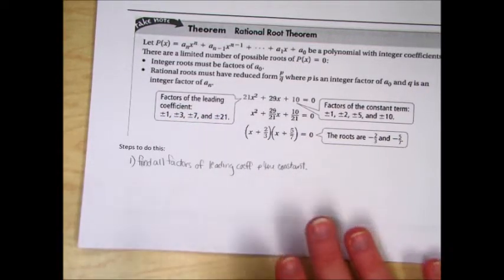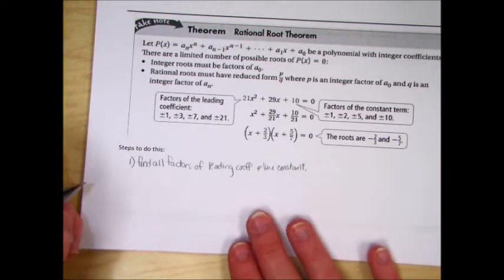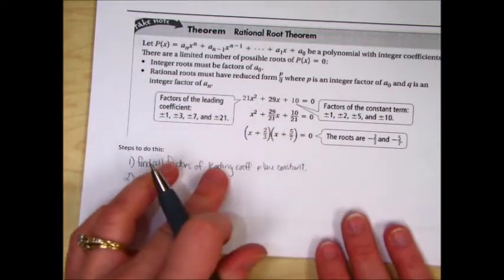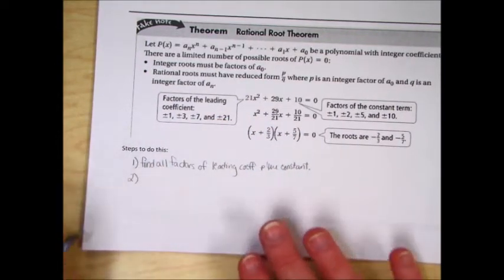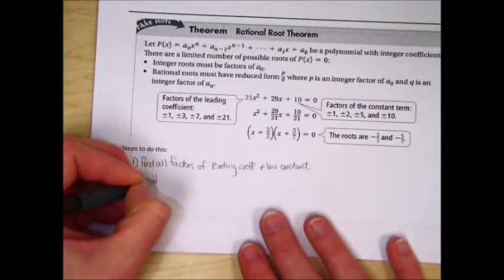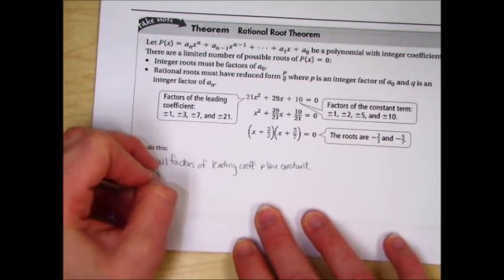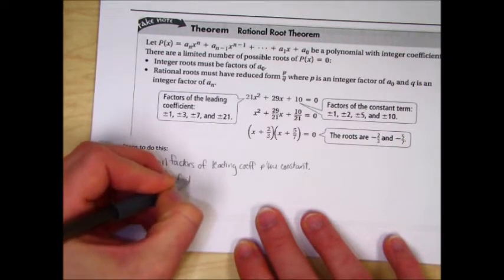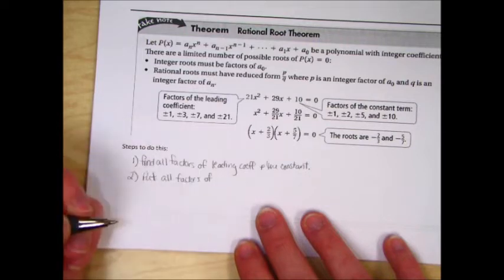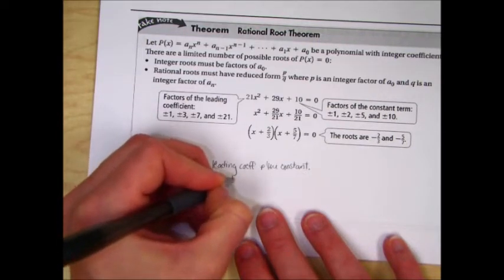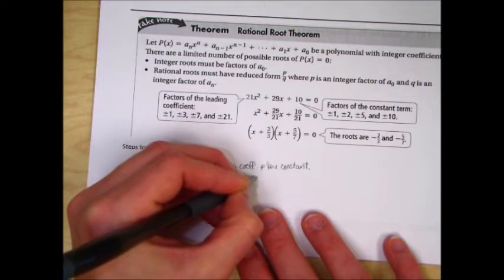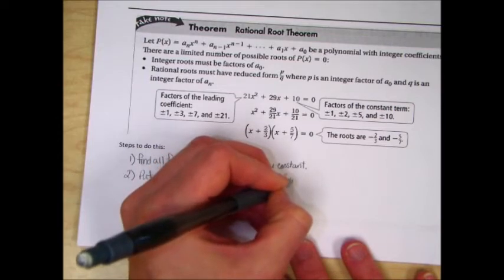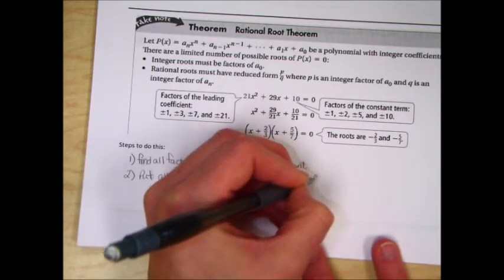After you find all the factors of both of those items, you go to step 2. Really this is 2 steps in one, because you have to find the factors of the leading coefficient and the constant. You will put all the factors of the constant over all the factors of the leading coefficient.